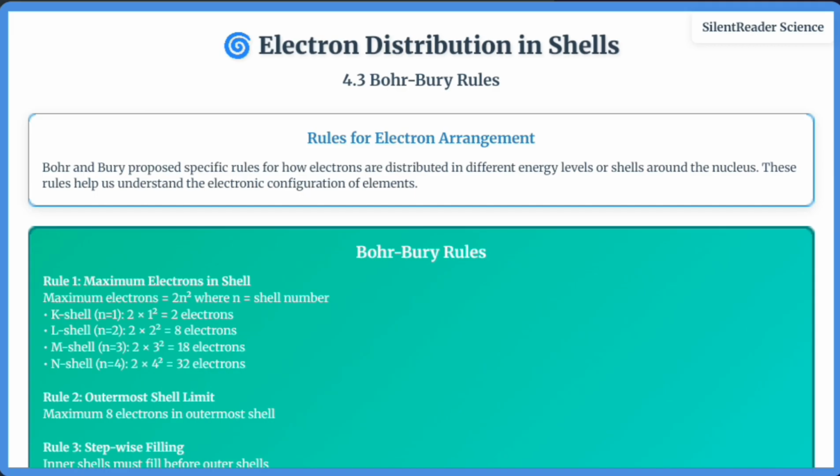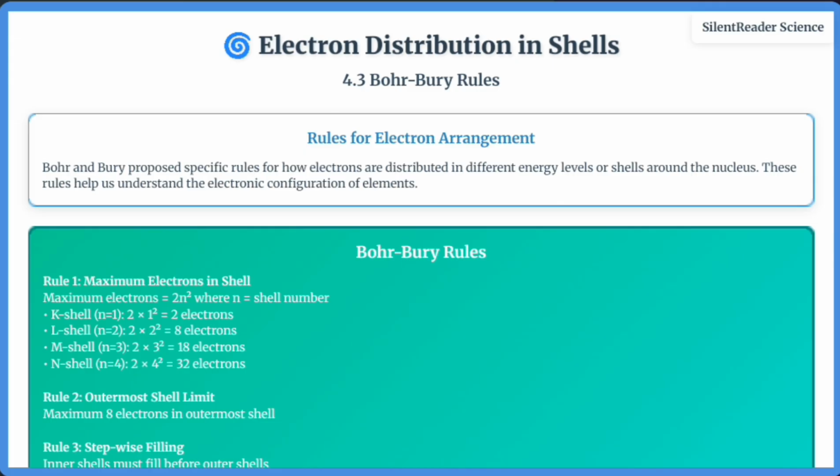Now let's understand how electrons are distributed in these energy levels using the Bohr-Bury rules. The maximum number of electrons in a shell is given by the formula 2n², where n is the shell number. So the K shell, n equals 1, can hold 2 electrons, the L shell, n equals 2, can hold 8 electrons, the M shell, n equals 3, can hold 18 electrons, and so on.